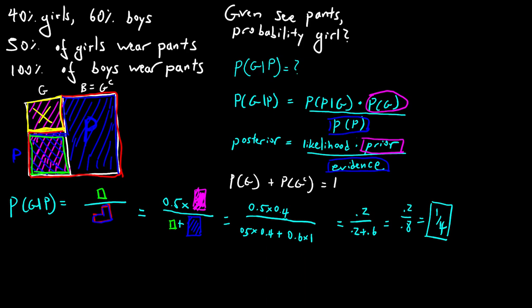And what's left? Well, 50% of the girls wear pants. So we now only have 50% of those girls left who can still be people who are wearing pants, right? Given that we've seen pants. So that's why we use this likelihood up here, the probability that given it's a girl, she is going to be wearing pants. That's our 50%, so that's why that slots in.